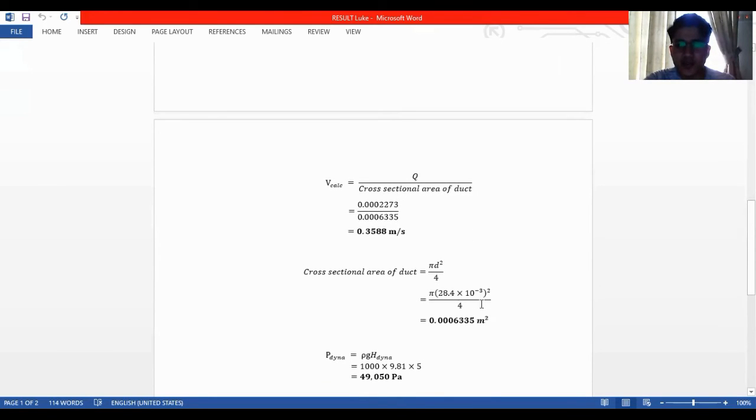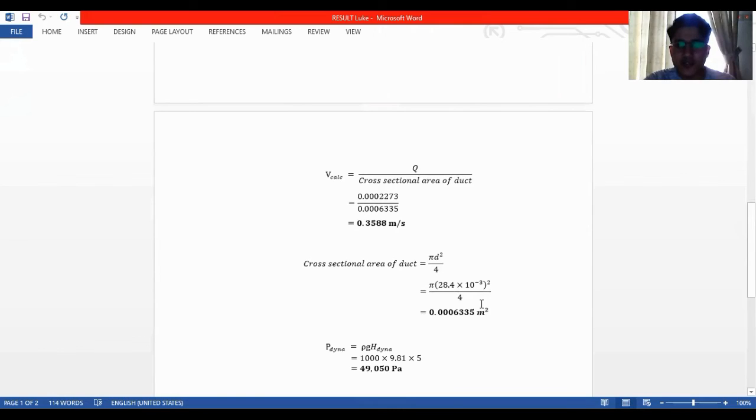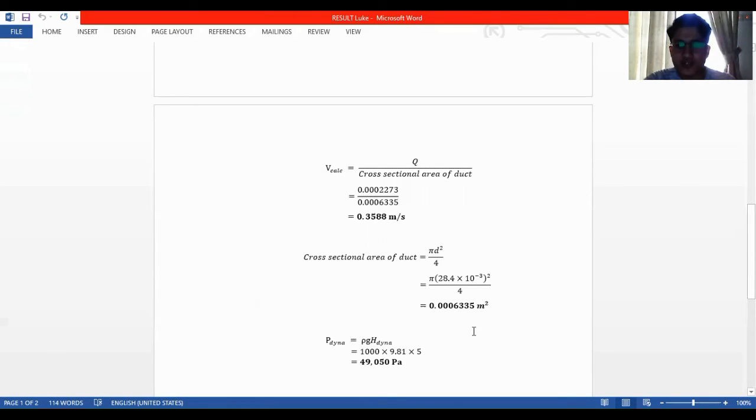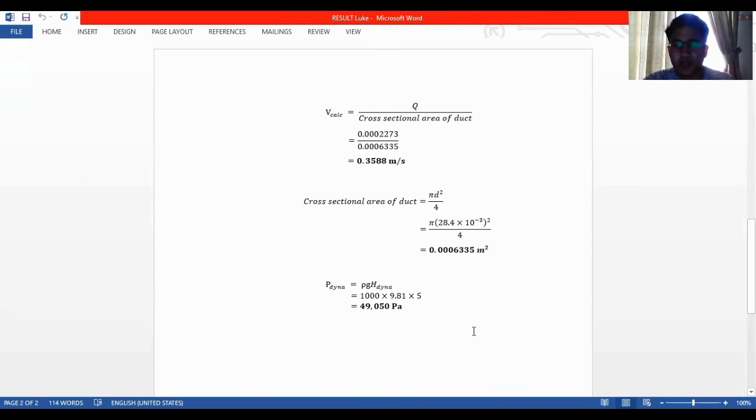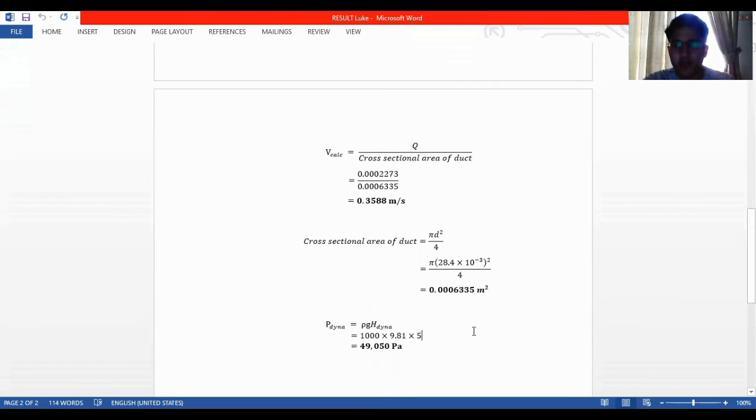For this point, the cross-sectional area of the duct is 0.0006335 square meters. After we get V calculated, we can calculate P dynamic, which is equal to rho g H dynamic. So rho is 1000 times 9.81 for g, and H dynamic is 5. And then we can get P dynamic.